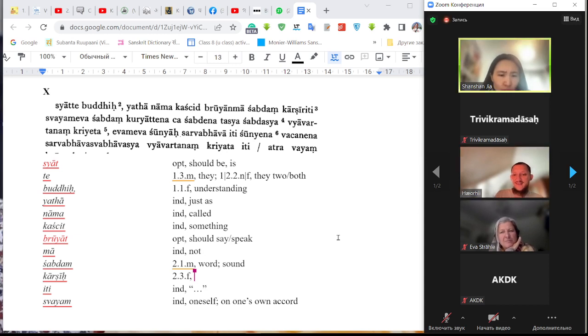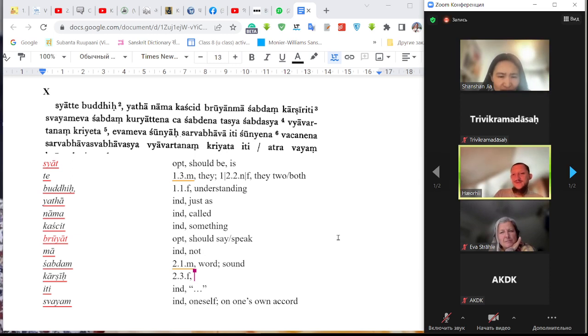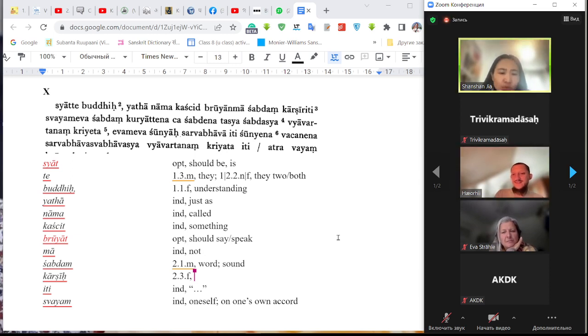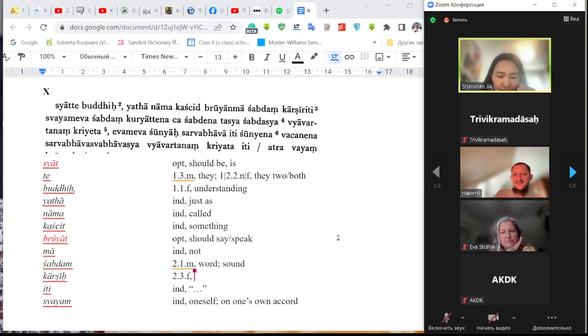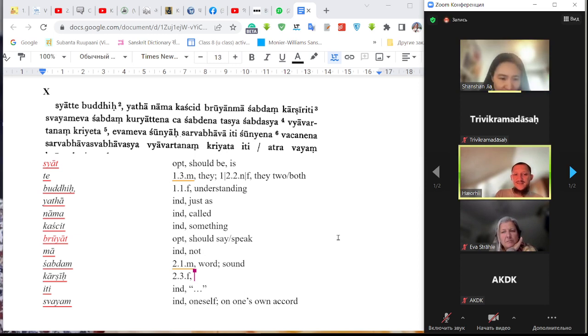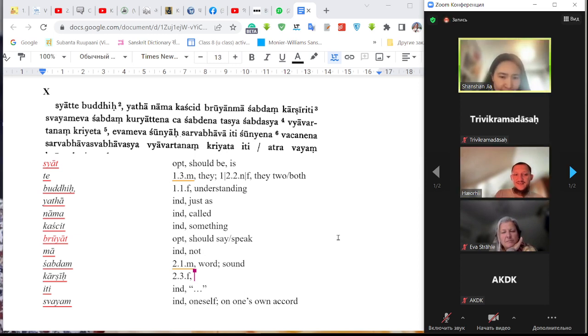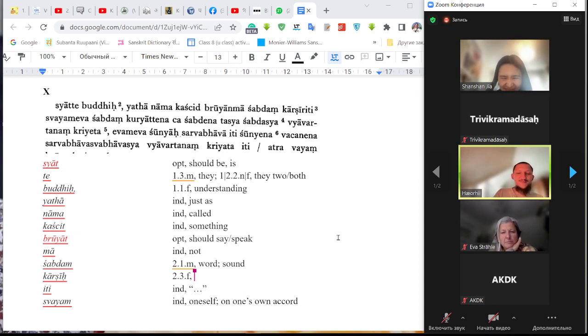Then you don't agree with the emendation, in other words. Yeah, the one which is made, kriya ita. So you want to follow this manuscript reading, which is marked there to indicate that this manuscript reads kriyate instead of kriya ita. And why? Because it makes more sense to me.